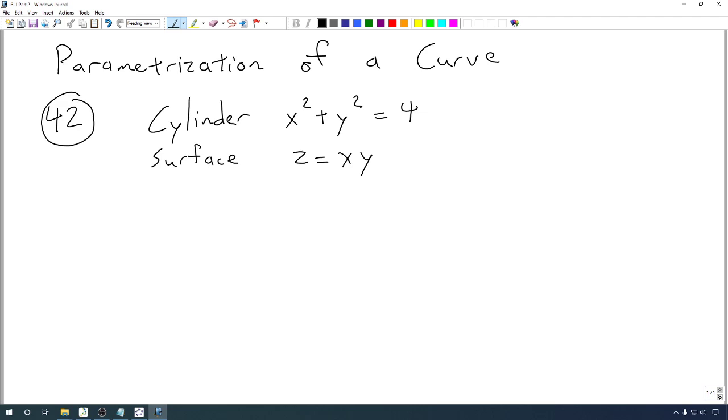So, what can we do first? Well, the fact that we are working with a cylinder does actually help us out quite a bit, because that means we can think about what are parametric equations for the curve that's given by this equation in the xy plane. So if you think about this, x squared plus y squared equals 4 in the xy plane is just a circle.